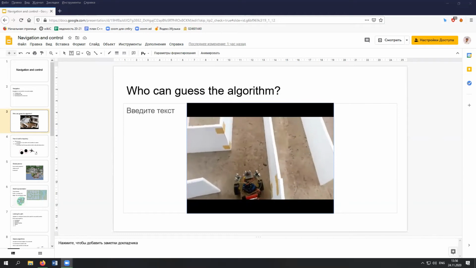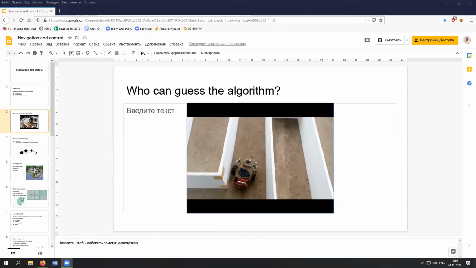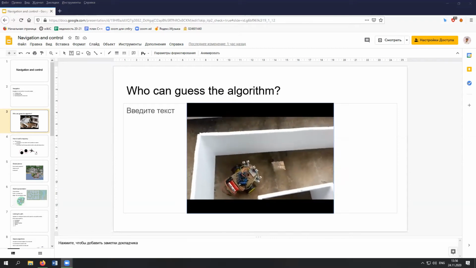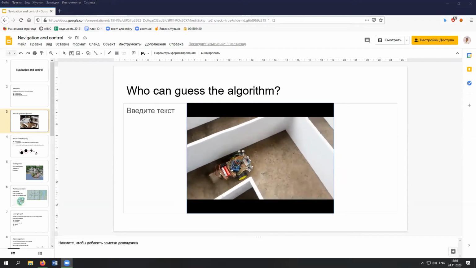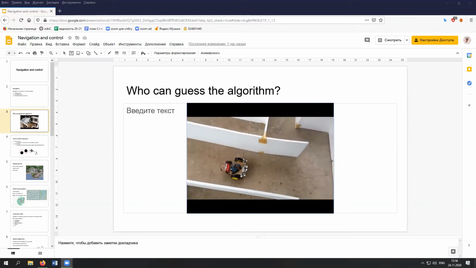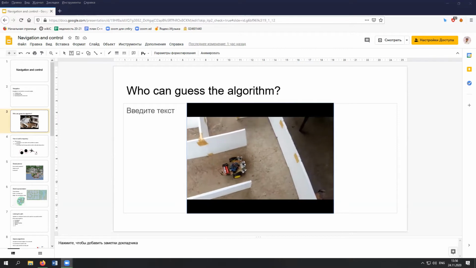Well, this maze is not very complicated. Any ideas?